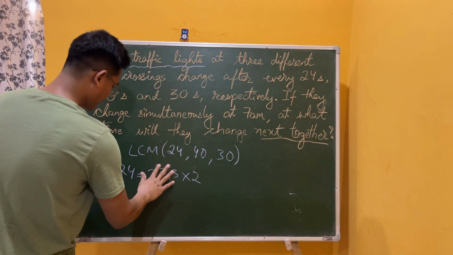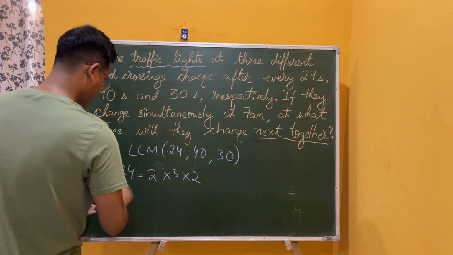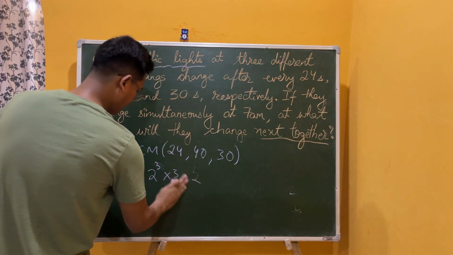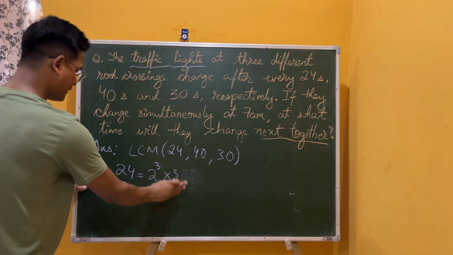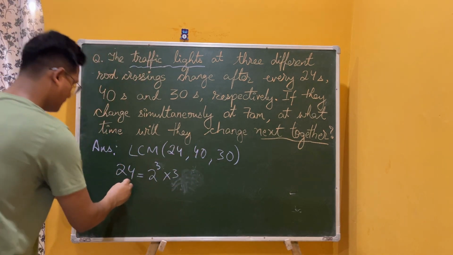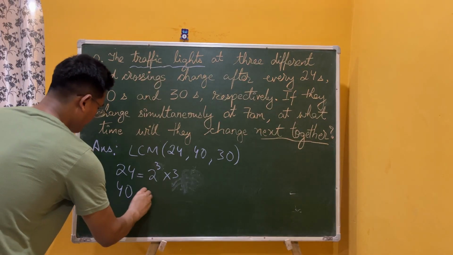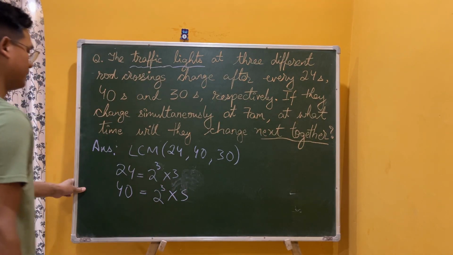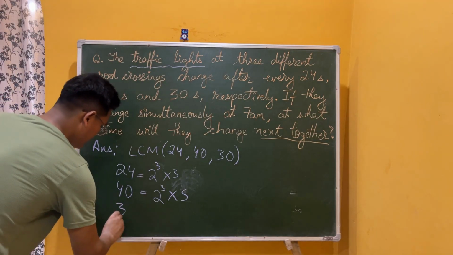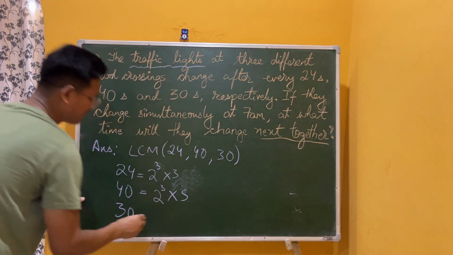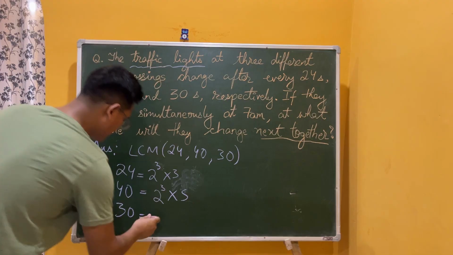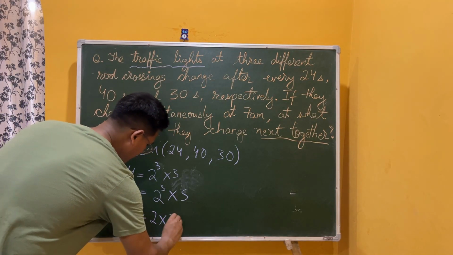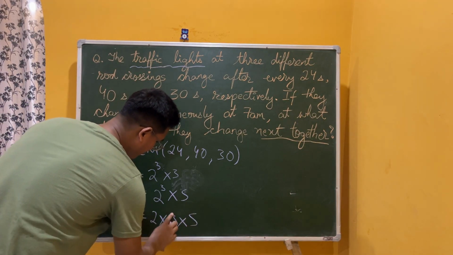So in short I can write 2 cube into 3. 8 into 3 is 24. So 40, 8 into 5 is 40, and 30 is, 6 5s are 30, and 6 can be written as 2 into 3 into 5.